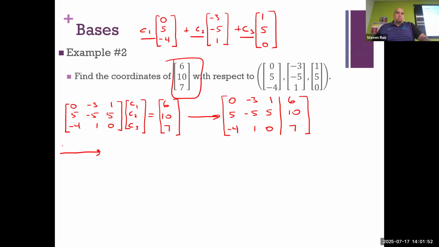Okay, and put that where? Row 2 plus row 3, back to row 2. One, negative 4, 5, 17. All right. Good first move. Now what?